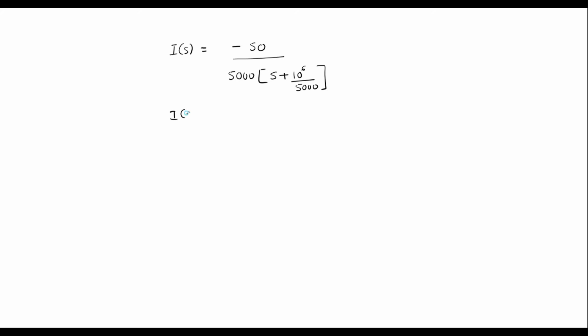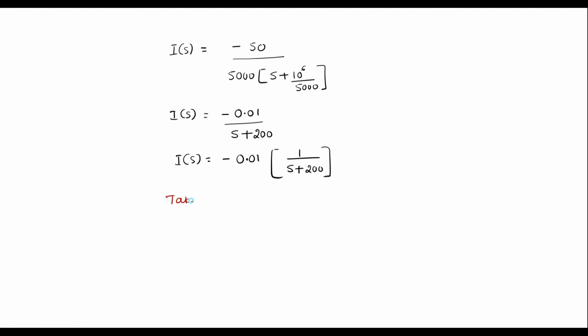Further I can simplify this as I of S is equal to minus 50 divided by 5000, which gives minus 0.01, divided by the remaining term S plus 10 power 6 divided by 5000, which gives 200. Further I can represent it as I of S is equal to minus 0.01 times 1 upon S plus 200.